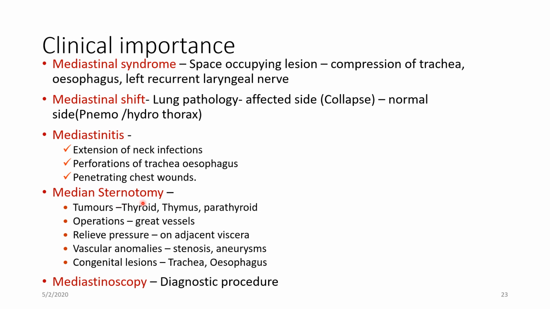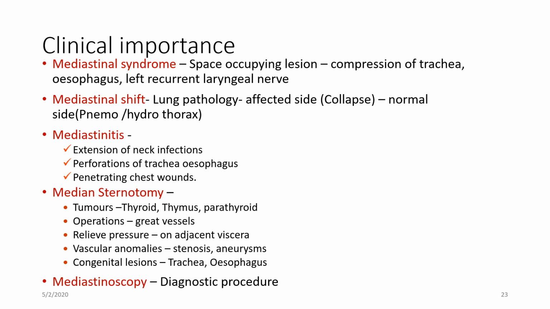And coming to the median sternotomy. So a midline incision is placed in the sternum for operations for the removal of tumors of thyroid gland, thymus gland and parathyroid gland, or operations on great vessels that are present in the mediastinum.